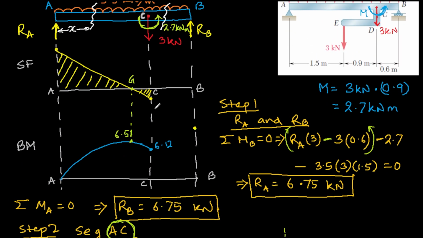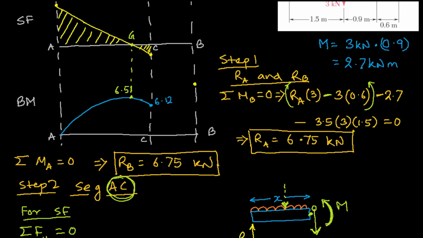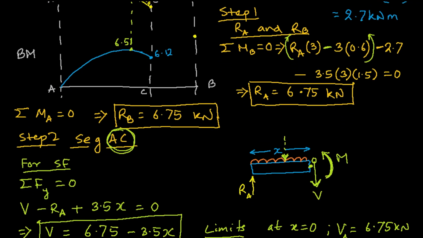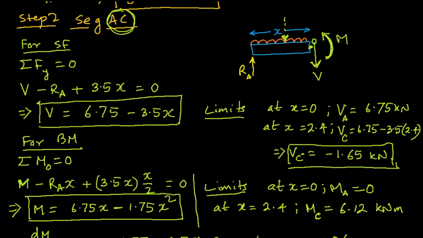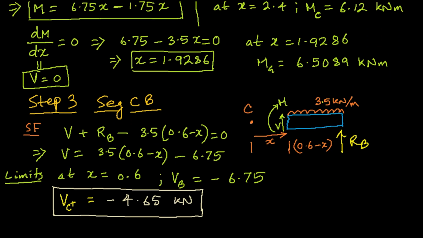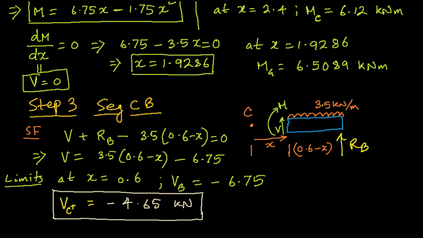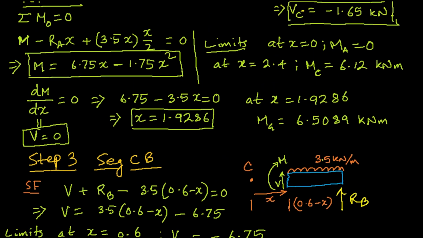So here V at C was minus 1.65, then minus 3 basically. Okay, so there is a discontinuity of 3 kilonewton, and that is how it comes out to be 4.65.